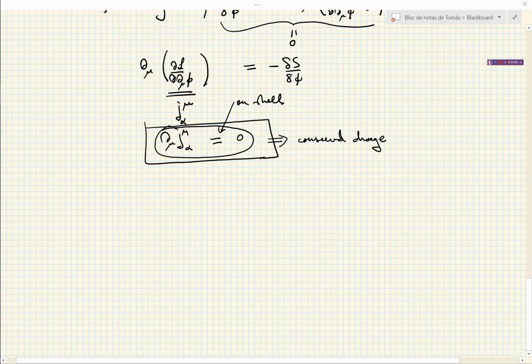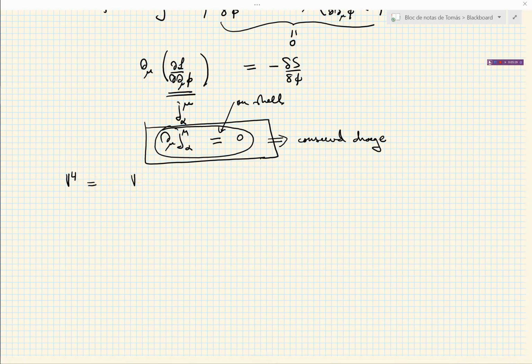Okay, now we are going to explain why this conservation law, this divergence equal to 0, implies that there is a conserved charge. So we are going to consider a particular volume V4, which will be the product of a three-dimensional spatial volume V3 and an interval between two instants of time, x0_0 and x0_1.